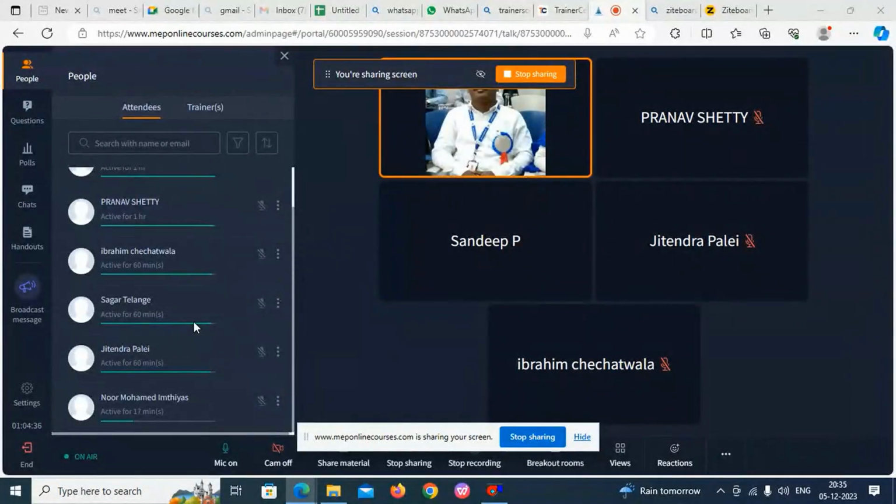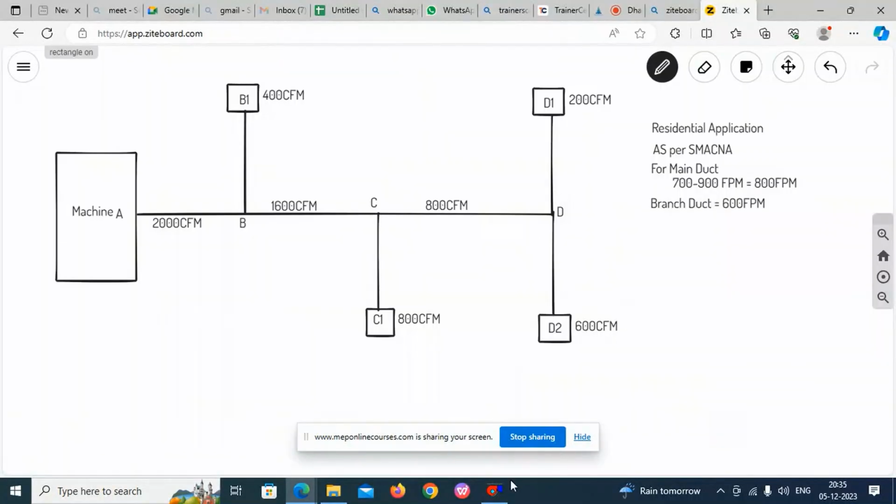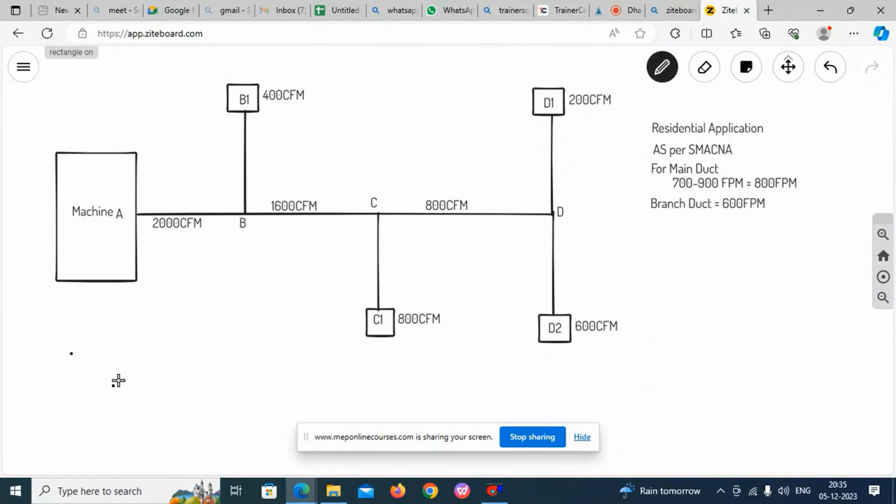Now Ibrahim, Imtiaz, you check, you'll get it. This tool is called a duct sizer tool. I'll share the tool with you. We are working now, and the process is the velocity reduction method.